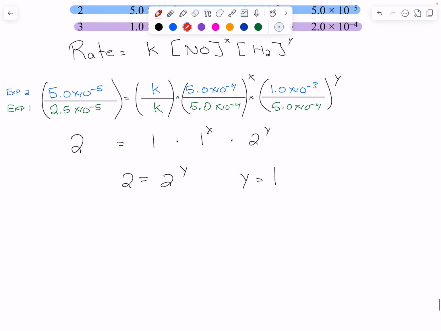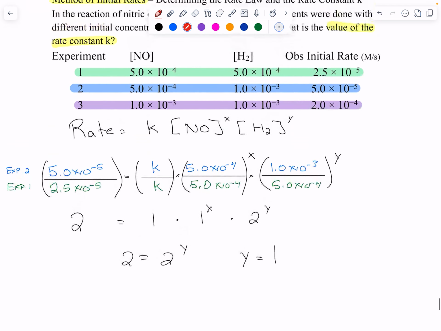Now I'm going to do experiments 3 and 2. Why would I do 3 and 2? Well, if I look at this, this changes, which is good. There's a change there. That does not change. So any difference of rate here is due to NO and not H2.